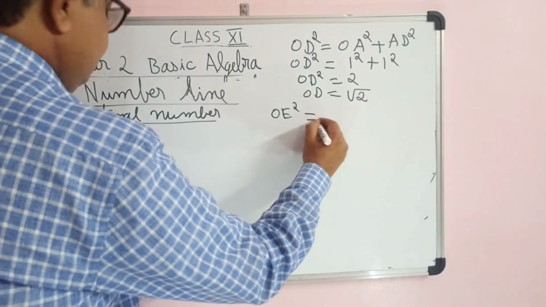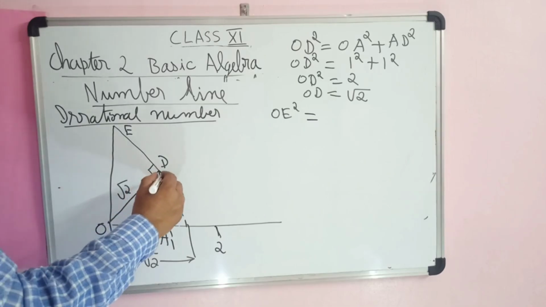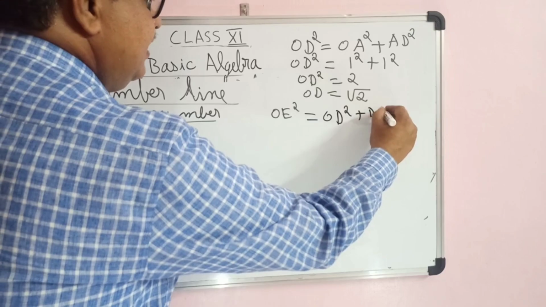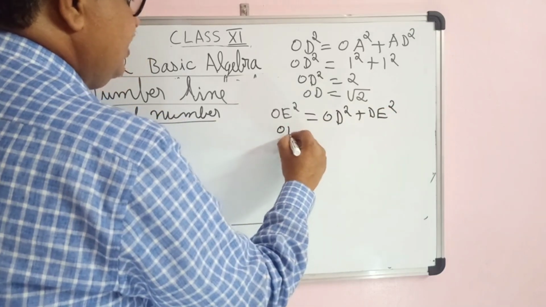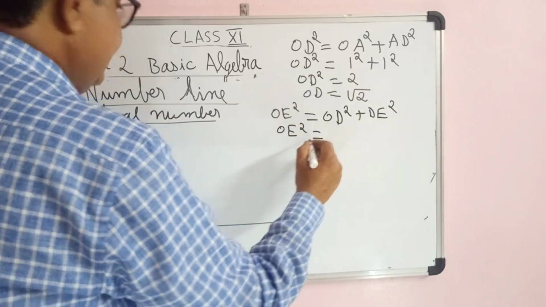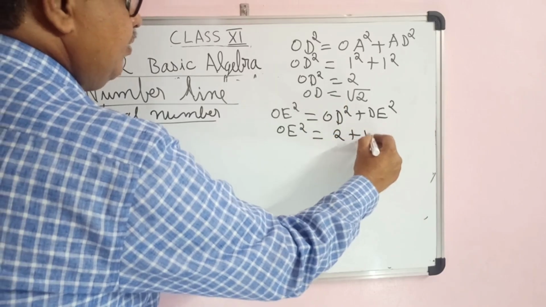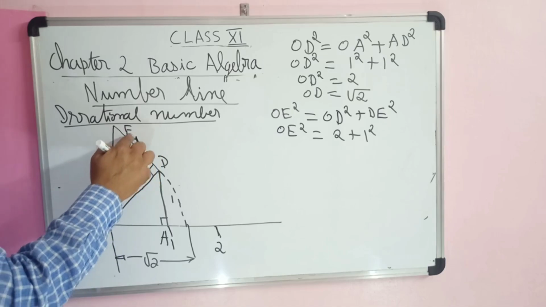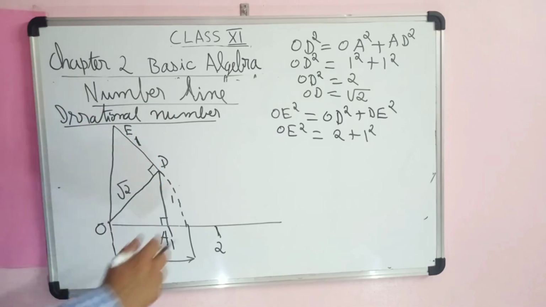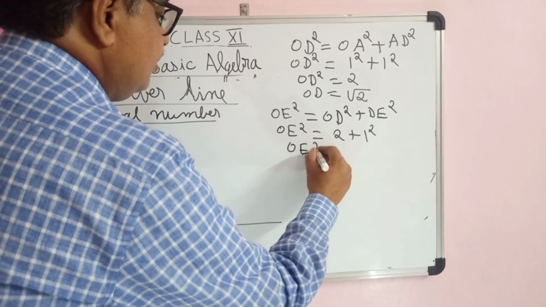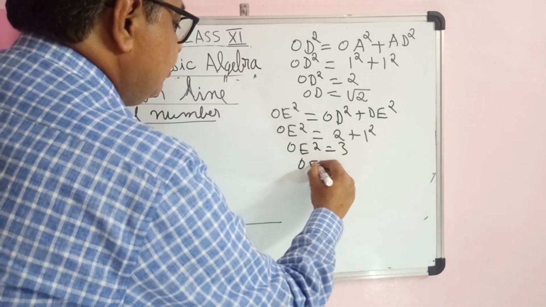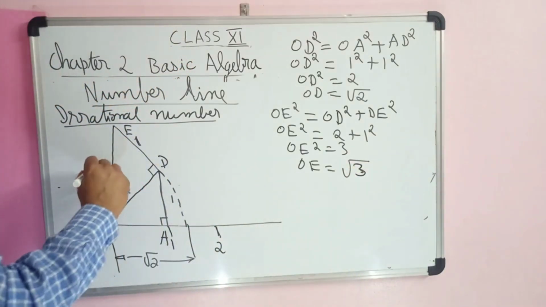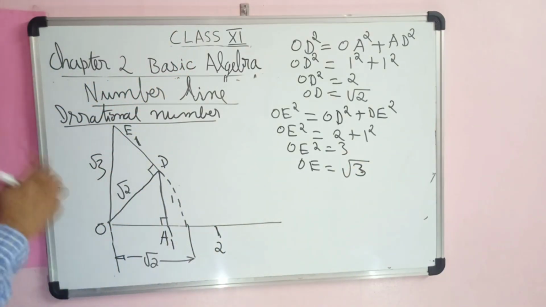OE square is equal to OD square plus DE square, which is 2 plus 1 square. DE is equal to 1 unit. So OE square equal to 3. OE is equal to root 3, square root of 3. Therefore, this is root 3.